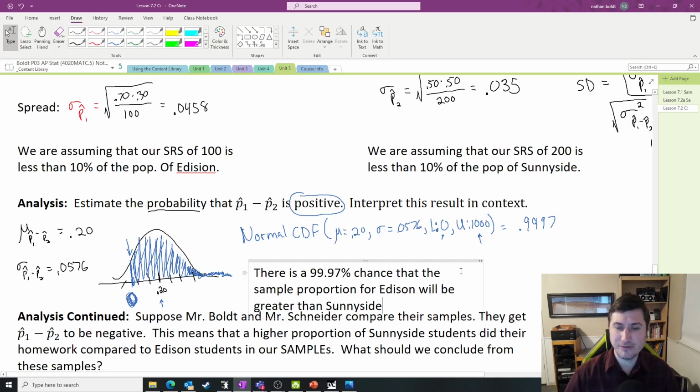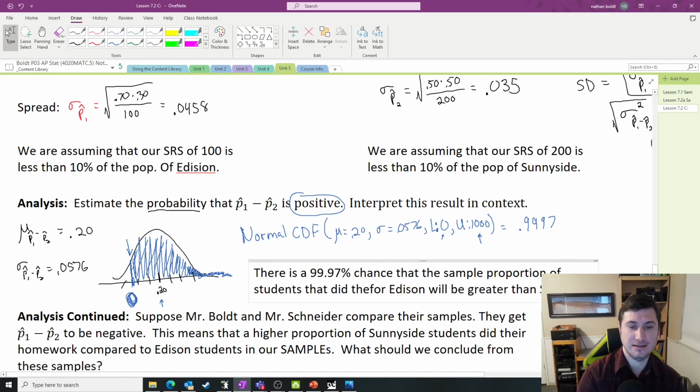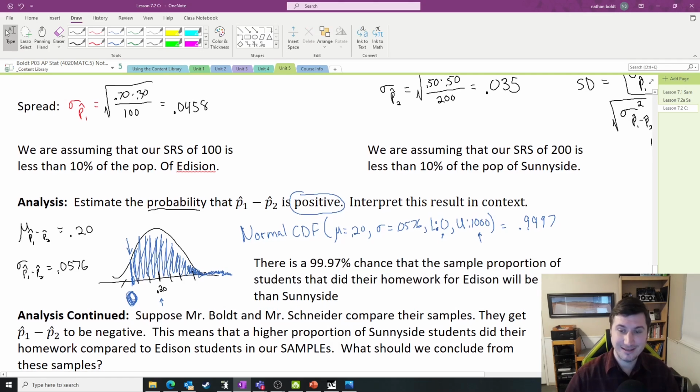I suppose I could put even more context. This is about the percent of people that did the homework. The sample proportion of students that did their homework for Edison will be greater than Sunnyside. Because when Edison is greater than Sunnyside, that's when this P1 minus P2 is positive.